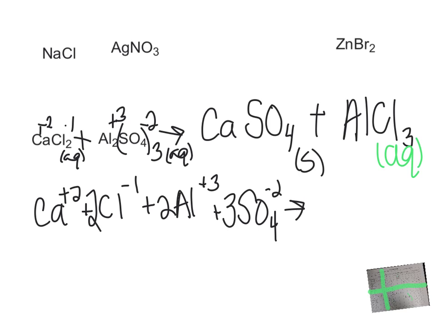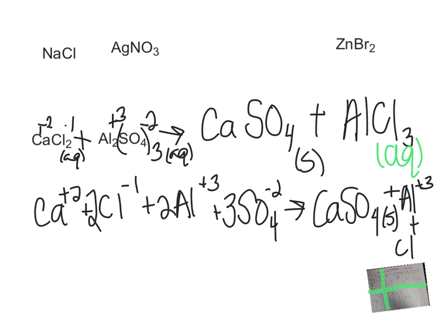Then we come over here, our calcium sulfate is our solid, so he's not going to break down. So we're going to end up with Al plus 3 plus our Cl minus 1. Sorry, I ran out of space.